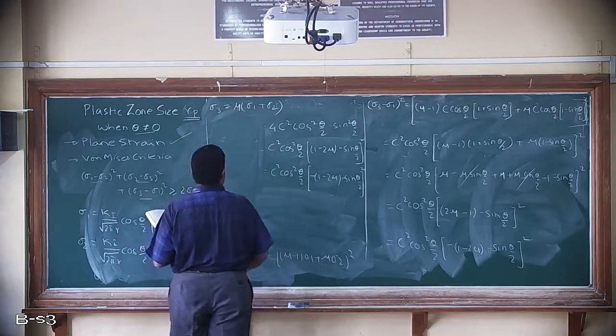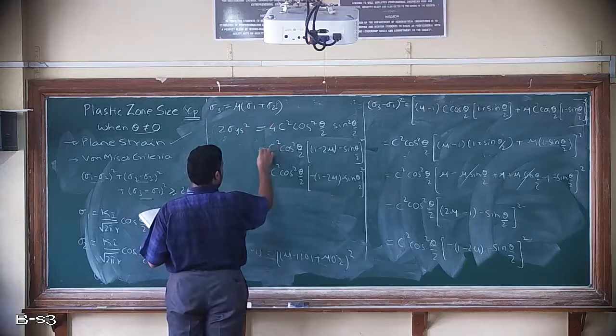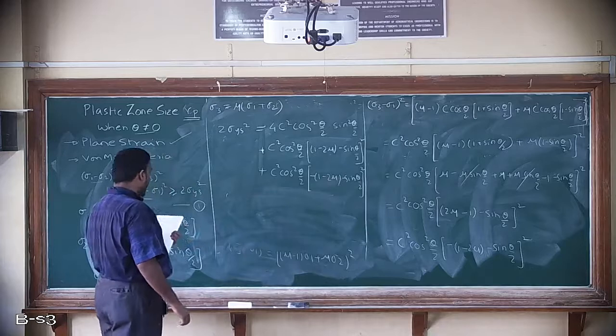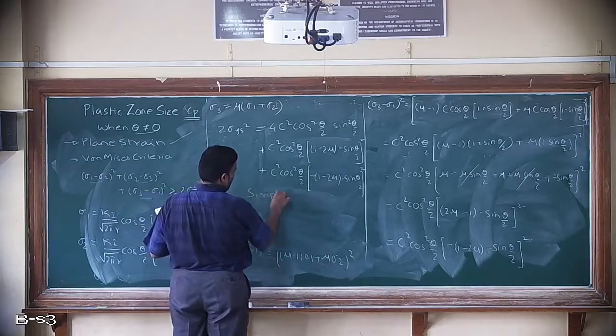we can write 2 times sigma ys the whole square will be equal to this plus this plus this. So here when we simplify this, so again you simplify this at your end.